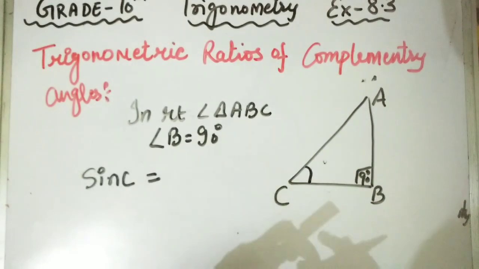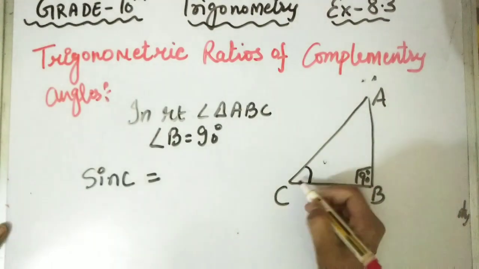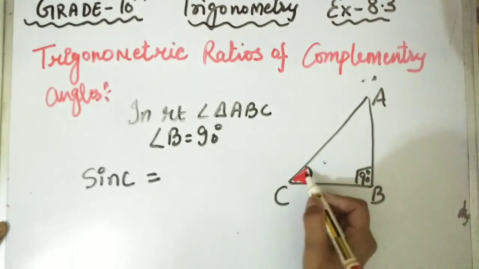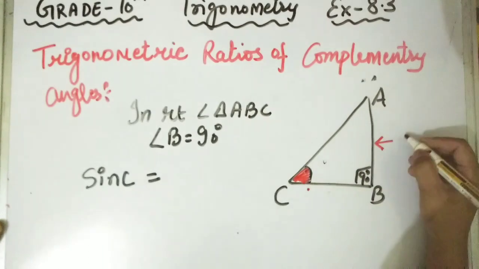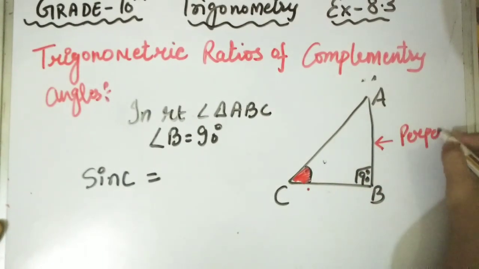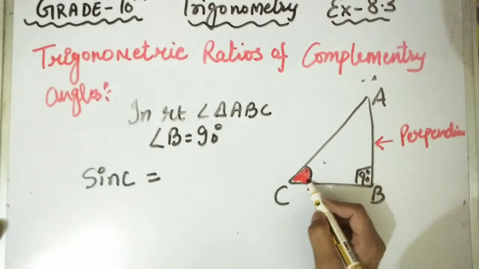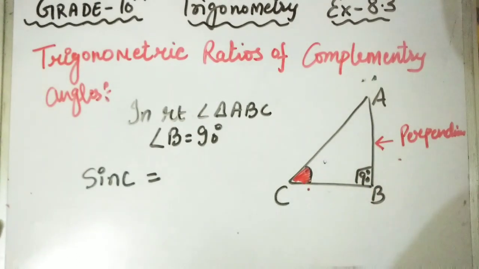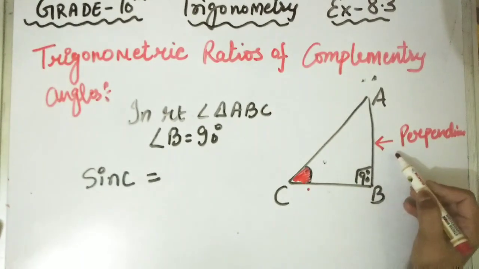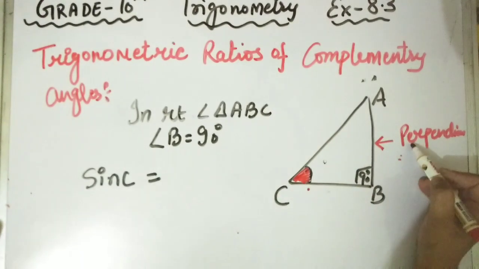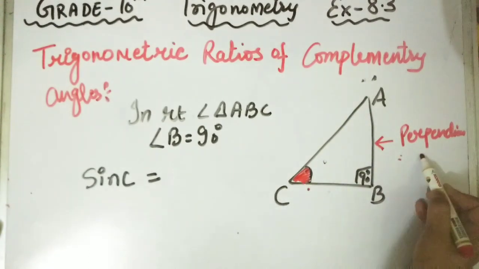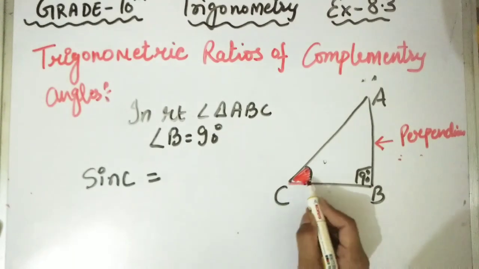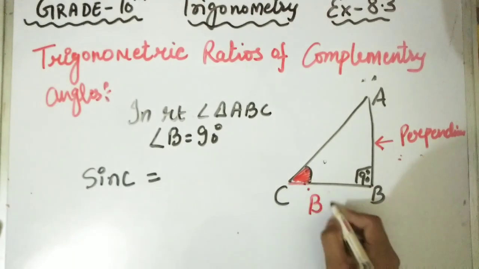And if you want to find sine C, you have to take this line which is opposite to angle C as the perpendicular. I have told you many times, the line opposite to the angle which we want to find is called the perpendicular, and the line just adjacent to the angle is the base, right?